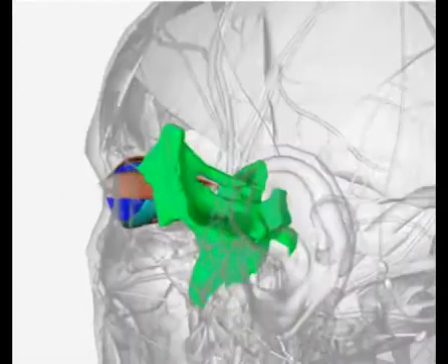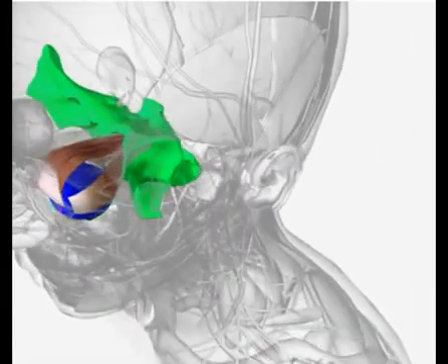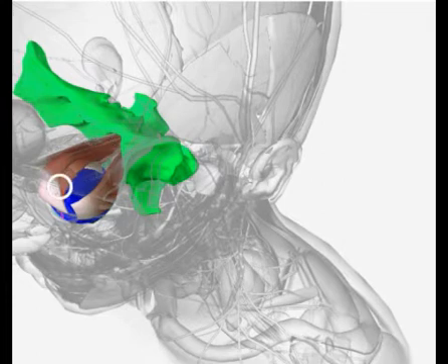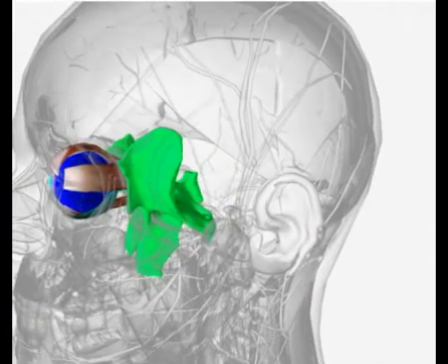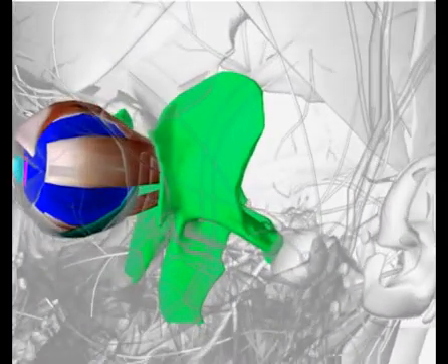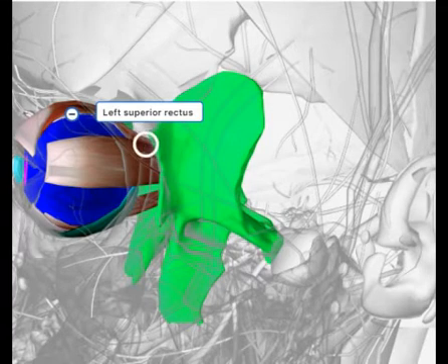So studying the superior rectus muscle first, imagine this is the apex of the orbit, formed by the orbital surface of the sphenoid bone. Here you see this muscle, this is the superior rectus muscle, and it will have its origin from the common tendinous ring.